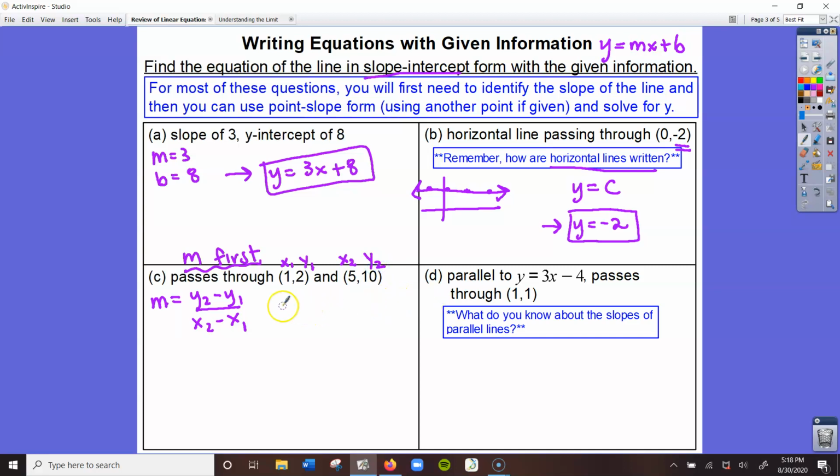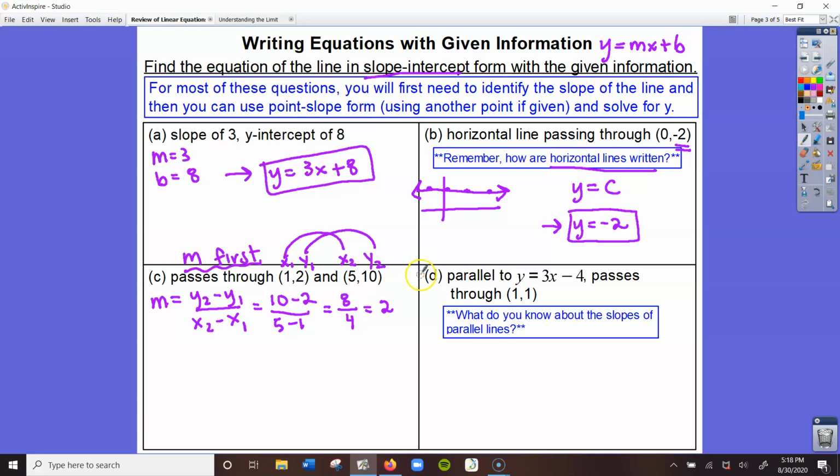Okay, and now we're just going to plug it into the slope formula. y2 minus y1, so that's 10 minus 2, over x2 minus x1, 5 minus 1. 10 minus 2 is 8, divided by 5 minus 1 is 4, and 8 divided by 4 is 2. So this is my slope.